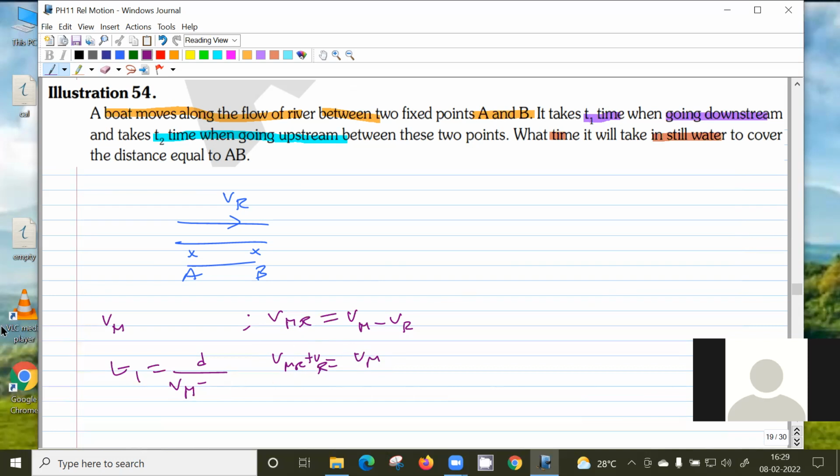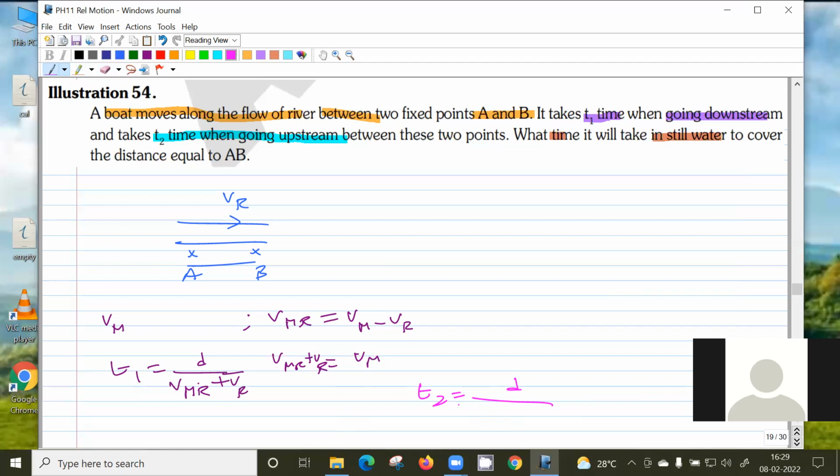Okay, so distance is velocity of man with respect to river plus velocity of river times t1. And what is t2? Distance divided by velocity of man with respect to river minus velocity of river.